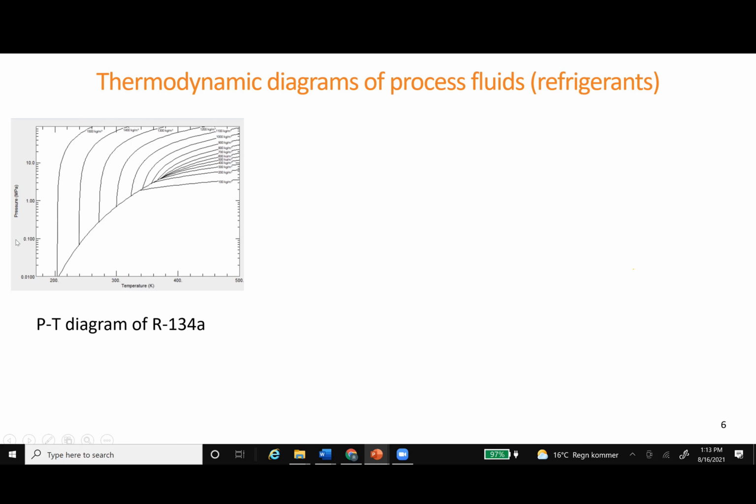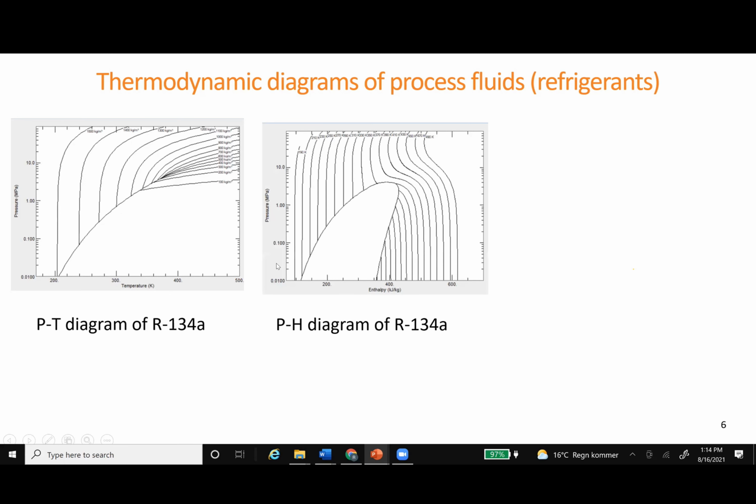Now, at all those calculated temperature, pressure, volume, since one has all the information, one can convert that into a pH diagram by adding an enthalpy for every point on the PT diagram, and then reorganizing the data for constant temperature lines, where the y-axis is pressure and the x-axis is enthalpy.